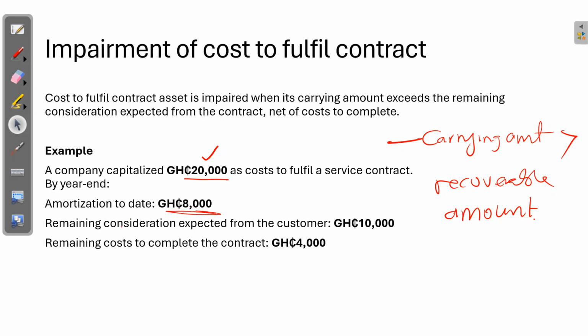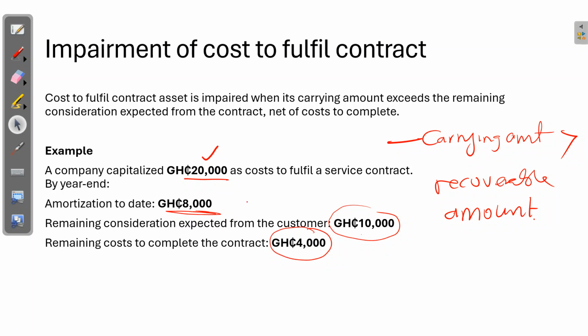Then remaining consideration expected from the customer. The customer has made some payments, and this is what is left for the customer to pay. And the remaining cost to complete the contract. There's still some costs to incur to complete the contract. So we need to determine the impairment.